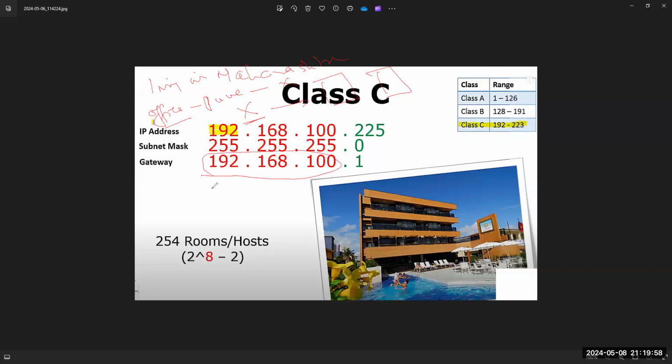This is called a gateway. If this address is different, then I will not be able to connect to my network within the organization. But if I want to connect outside, to another organization, then I need to understand the gateway of that organization, and I should be connecting within that gateway.